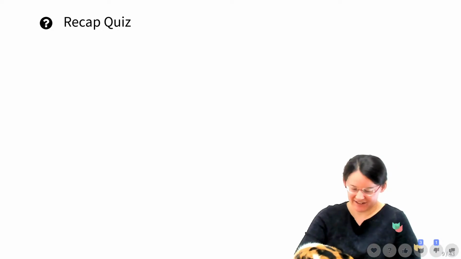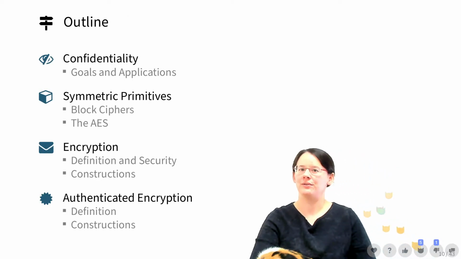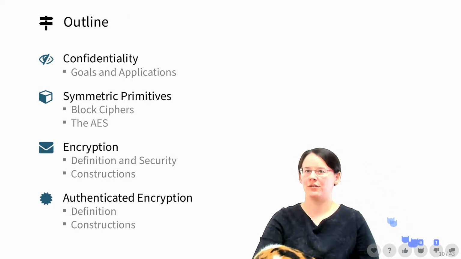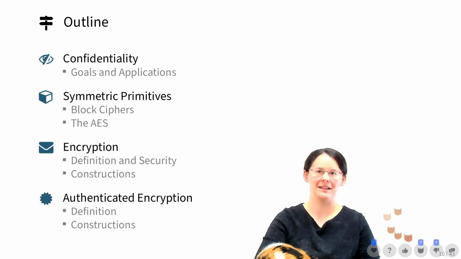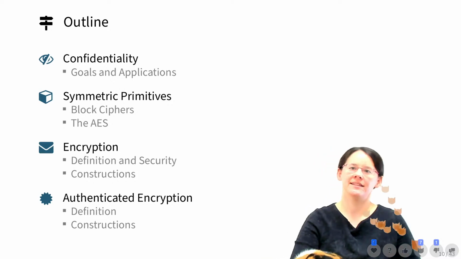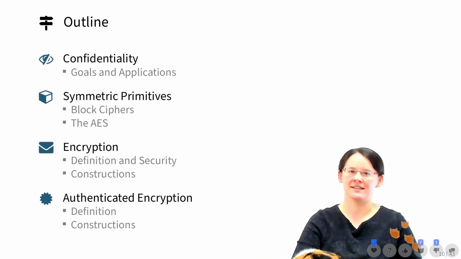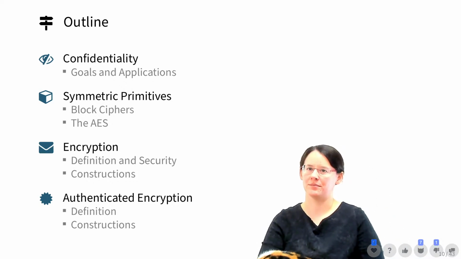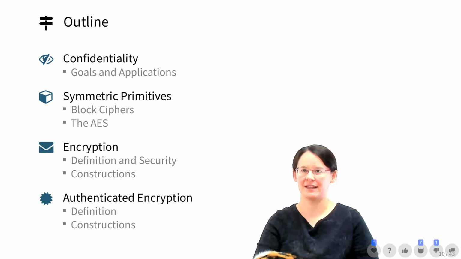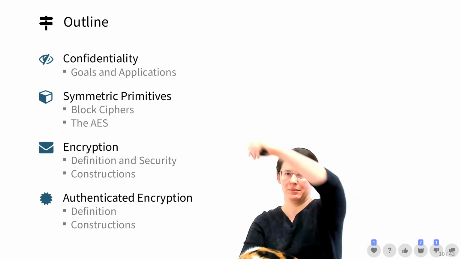So let's look at the actual content that we've planned for today. As announced, we want to talk about confidentiality. So I'll first give a short definition of what that means and where we need that. And then we'll talk about these different layers that I promised. So actually we're going to start from the bottom up. We're first going to talk about the lowest layer, the so-called symmetric primitives.